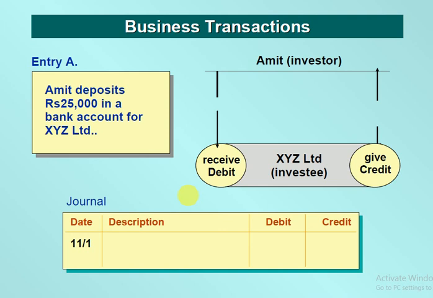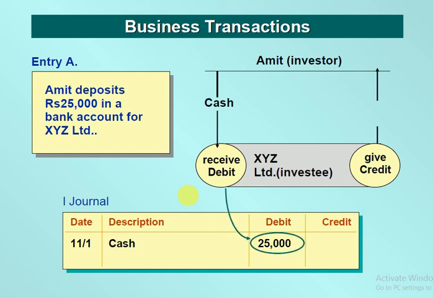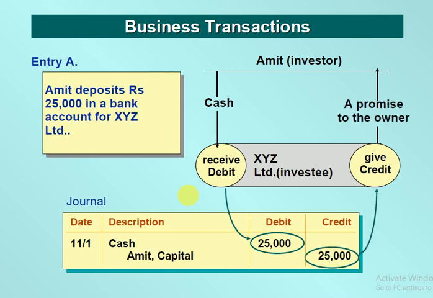How will we record this transaction in the journal, which, as per the definition you were told about, is a chronological record of all financial transactions, right? The two accounts involved, one is cash, the second is capital, right? Here cash will be debited.